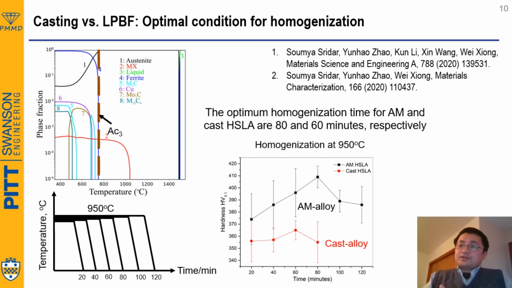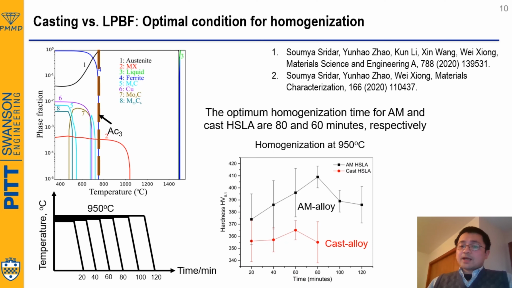So this is another thing that we also see from steel. We studied HSLA steel, high strength low alloy steel. For the additive manufacturing alloy and cast alloy, we find the maximum strength developed with additive manufacturing is actually at 80 minutes, while for the cast alloy, you can see the strength peak at 60 minutes.